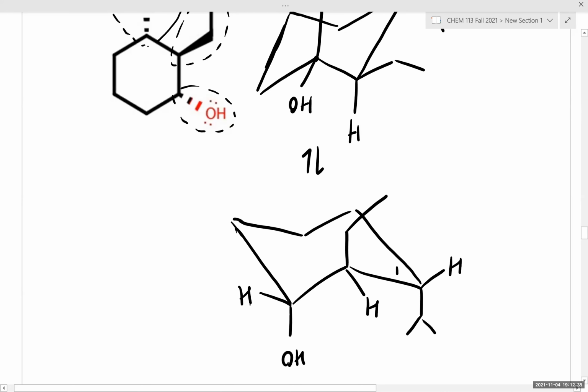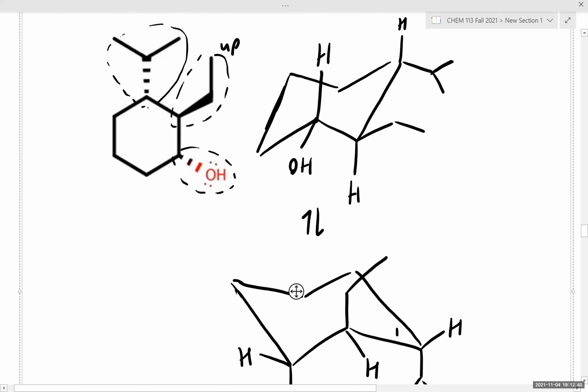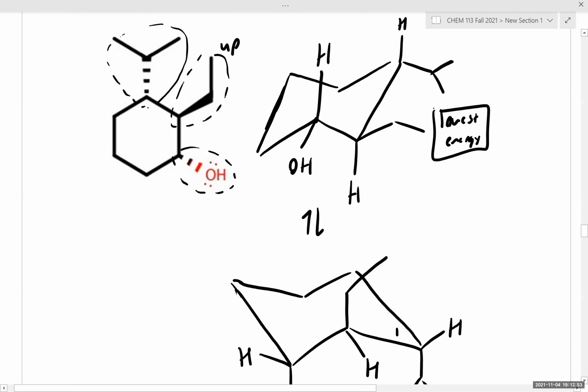So which of these two conformations is our lowest energy conformation? The one on top? Yep, exactly. It has minimized our diaxial interactions and it only has a single gauche interaction.